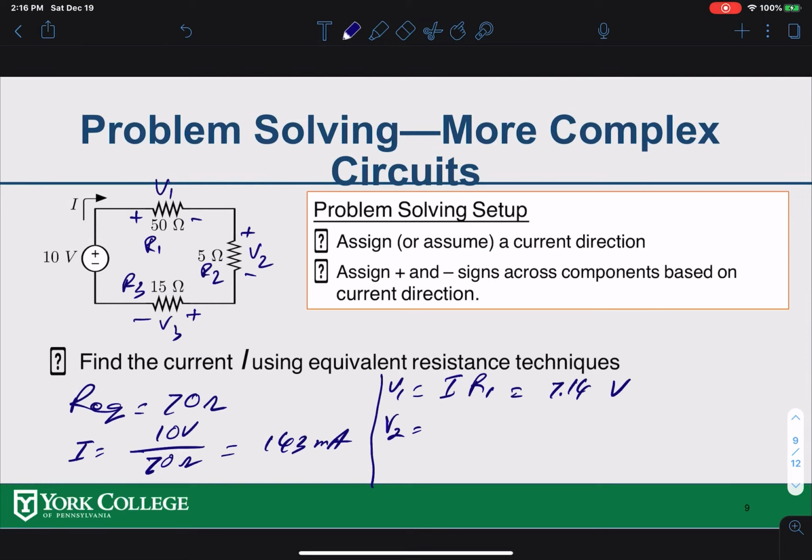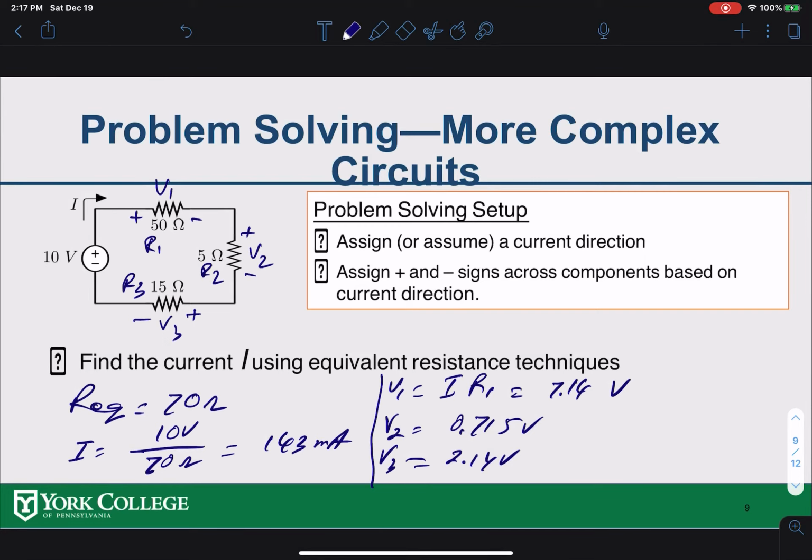V2, 0.143 times 5 will give you 0.715 volts, and V3 would be 2.14 volts, right?